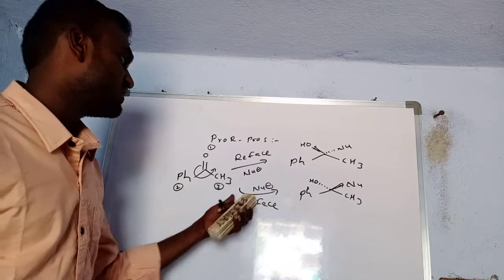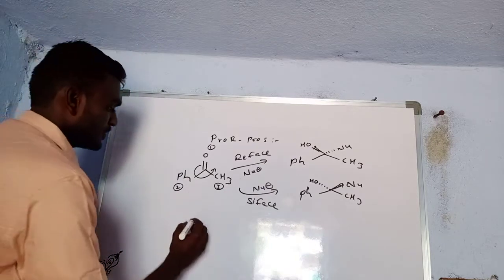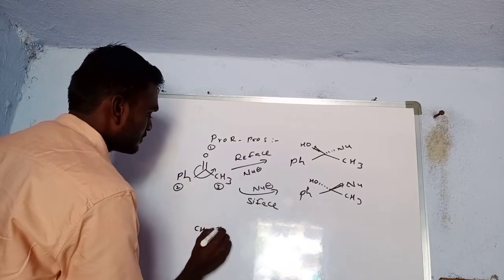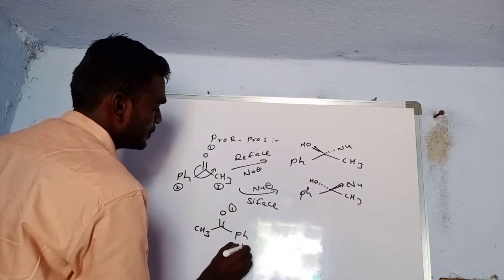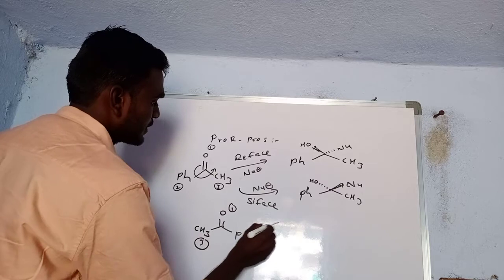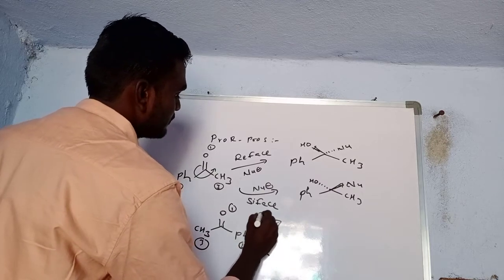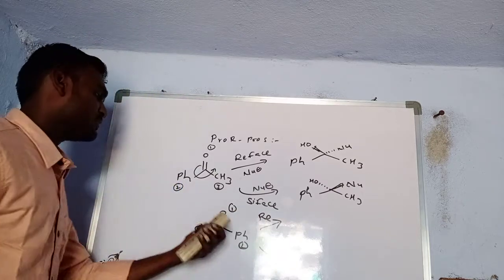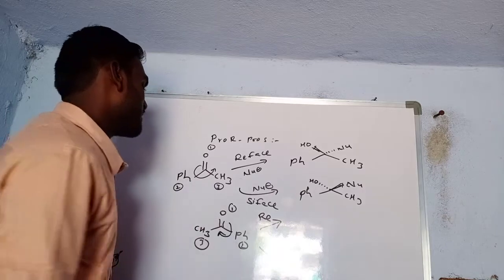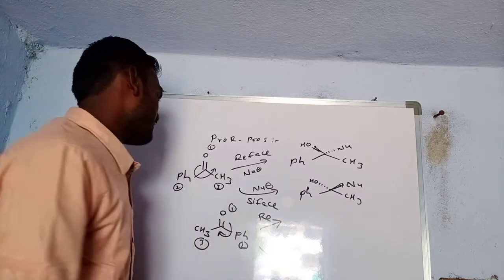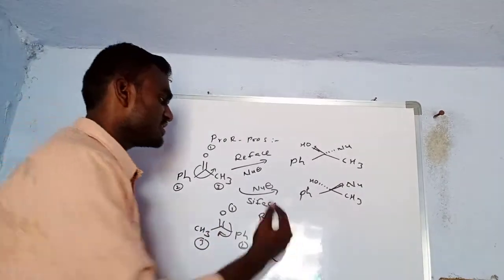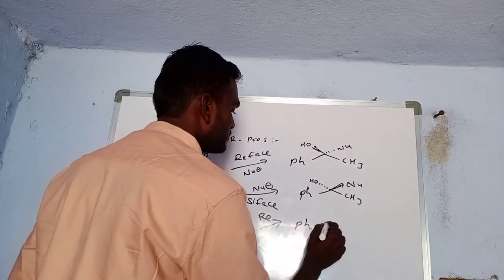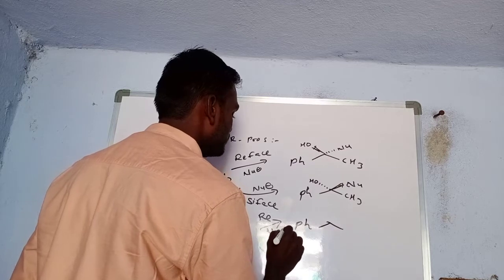So what are Re and Si faces? If you take this molecule in this direction, 1, 2, 3, then after giving the priorities they are in the clockwise direction. Whenever the priorities are clockwise, the Re face attack is the above attack, so here the nucleophile will attack the above face.